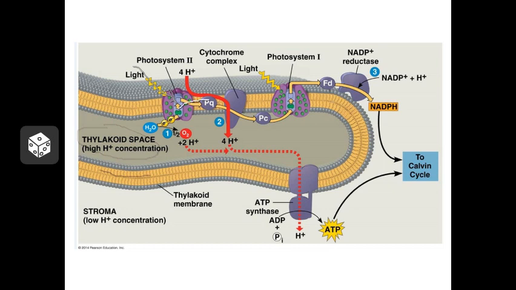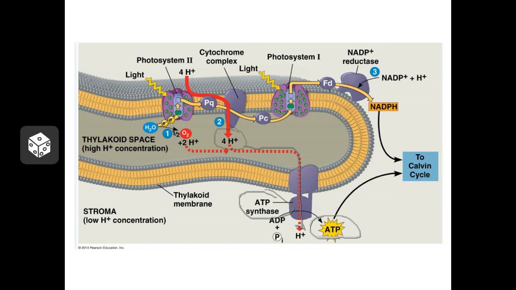Those are going to pass out of photosystem 2 through an electron transport chain and into photosystem 1. This in turn is going to give that electron transport chain the energy it needs to pump hydrogen into the thylakoid space, creating a hydrogen gradient. That hydrogen gradient will then be used along with ATP synthase to make ATP.